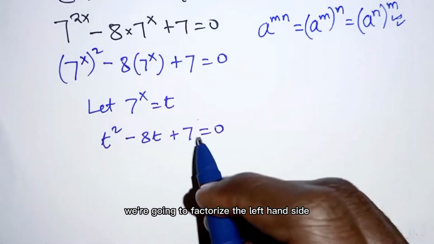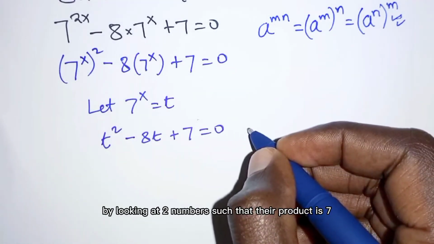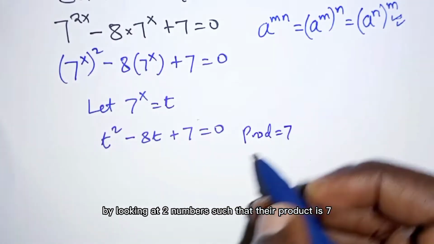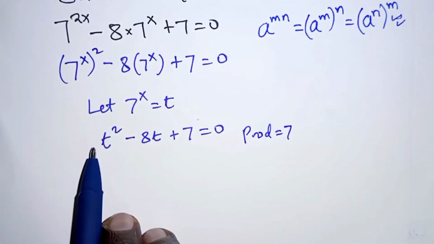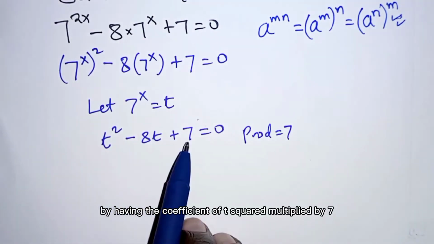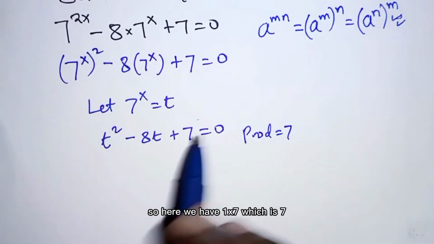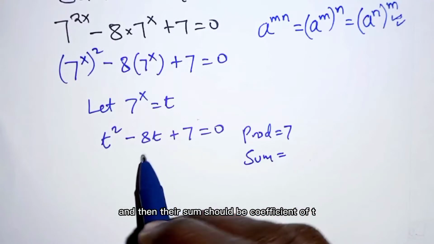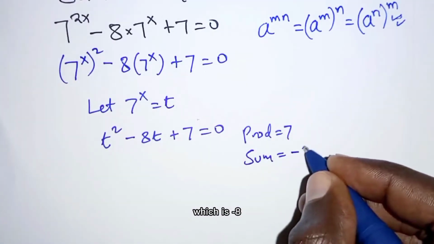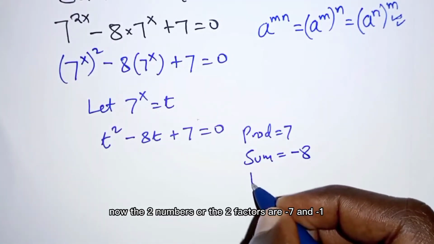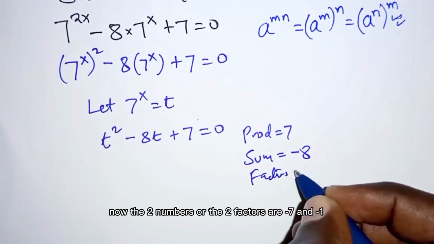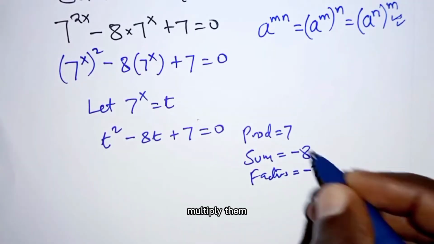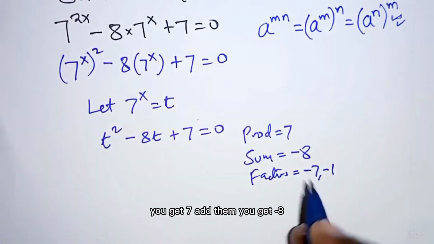We factorize by looking at two numbers such that their product is 7, which I've determined by multiplying the coefficient of t squared by 7, so 1 times 7 is 7. Their sum should be the coefficient of t, which is negative 8. The two factors are negative 7 and negative 1. Multiply them, you get 7, add them, you get negative 8.